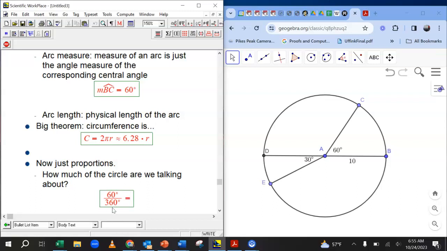And that proportion is in terms of angles, how much of the circle are we talking about? And that's going to be the length that we want, we'll call it L, over the 2 pi r, which in this case, let's actually put in the radius, that's going to be 20 pi.